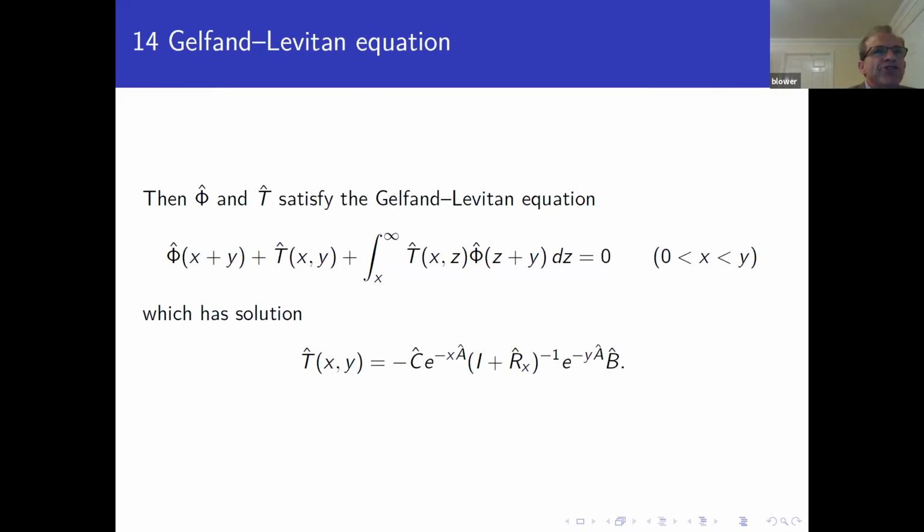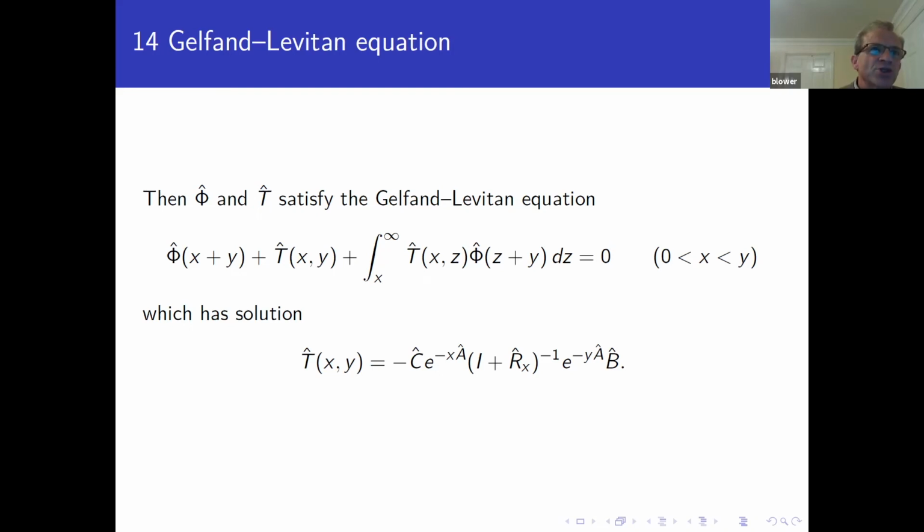Now, the purpose of doing this computation is to get a solution of the Gelfand-Levitan equation, in this case with 2x2 matrix entries. So this involves phi hat of x plus y, T hat of x, y, and then an integral running from x to infinity of T hat of x, z multiplied by phi hat of y plus z, and we integrate in z.